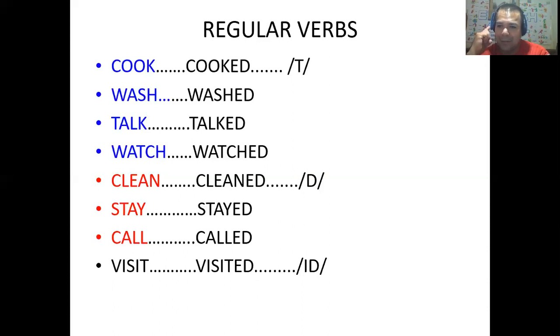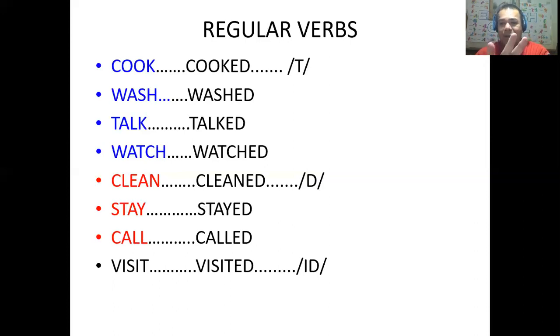So if you listen very well, okay, there are three different sounds. I'm gonna do it for you one more time. Cook, cooked, wash, washed, talk, talked, watch, watched. Then we have the other ones. The D sound, clean, cleaned, stay, stayed, call, called. And the last one, okay, is the IT sound, visit, visited.